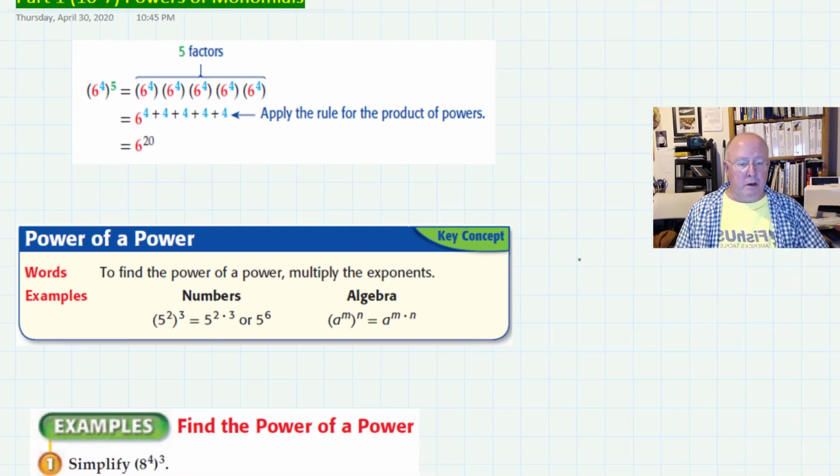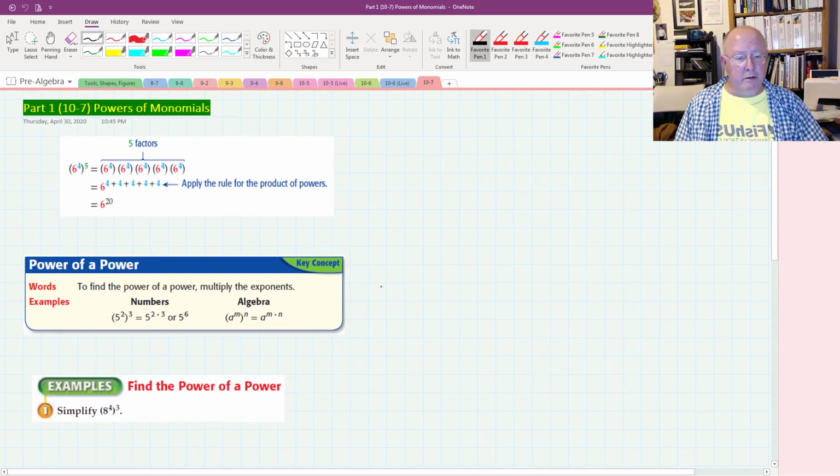Let's look at another example. If you had 3 to the 6th power and you wanted to square that, well, this becomes 3 to the 6th times 2, or 3 to the 12th.